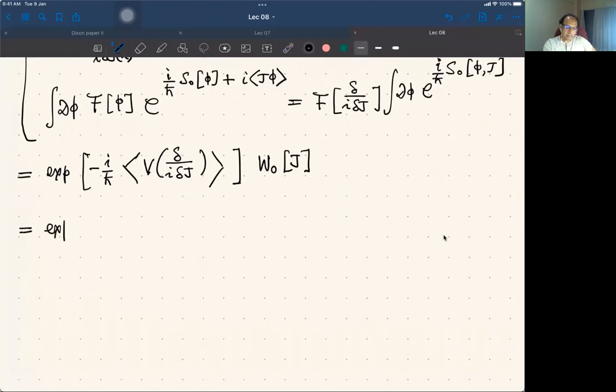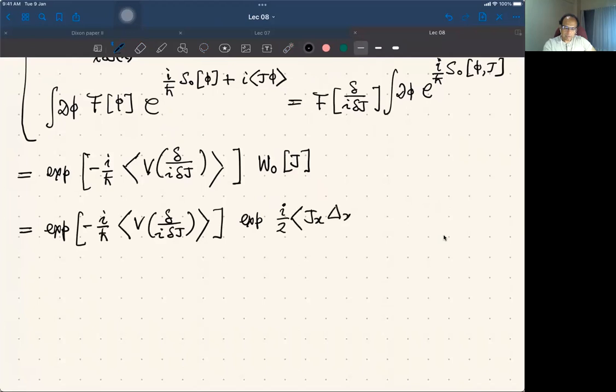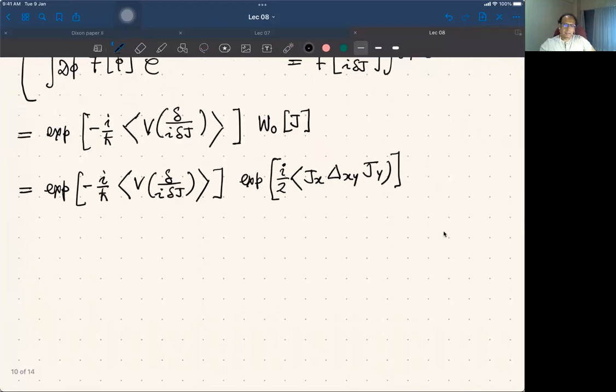We calculated it earlier. So it is minus i/ħ V of δ over i δj acting on the exponential i/2 j_x δ_xy j_y. And now you can just expand it in power series. Both of them are exponentials.